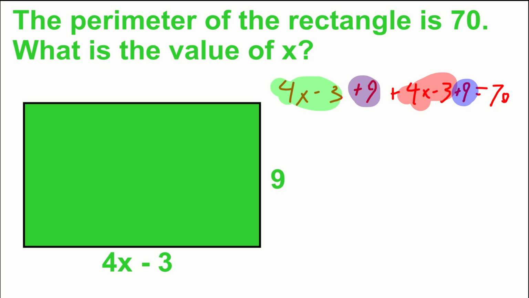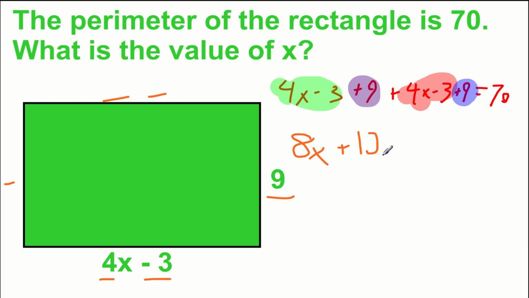Other thing you could do, let's say you were doing this with Desmos. With Desmos, I would go ahead and combine my like terms right away, like from the picture. So if I got 4x here, I got 4x here, that's 8x total. I got 9 and a 9, that's 18, minus 3 is 15, minus 3 would be 12.